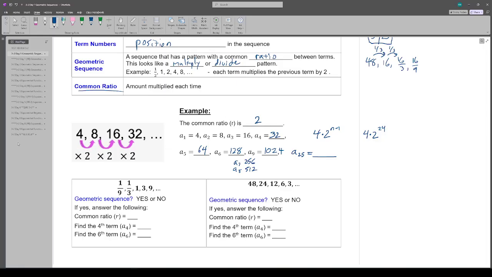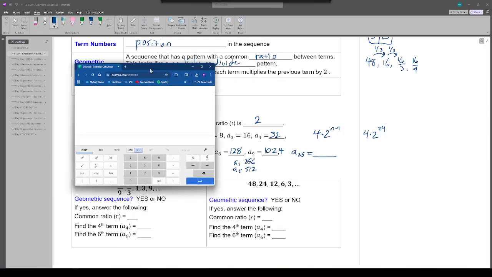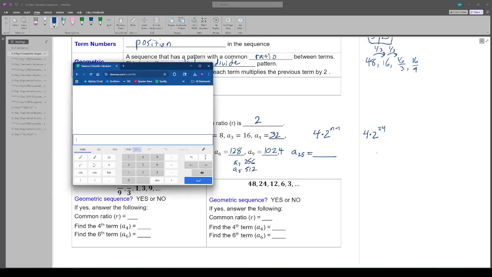Let me pull up a calculator real quick. Okay, here's a Desmos calculator. If I wanted to do A25, I would resort to using a calculator, and we would do 4 times 2. We're most used to using the square button, but this a to the b lets us specify what exponent we want to use. You can click that button, or if you prefer keyboard shortcuts, you can type the exponent.